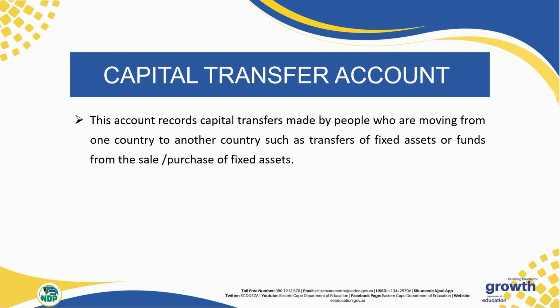This account is made specifically to record all the movement of fixed assets, the things that people own that are tangible, or funds from the sale of fixed assets from one country to the next. If they are moving outside the national borders, then we record them under the capital transfer account. Also, debt forgiveness is included under the capital transfer account.